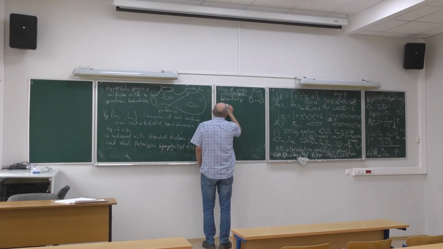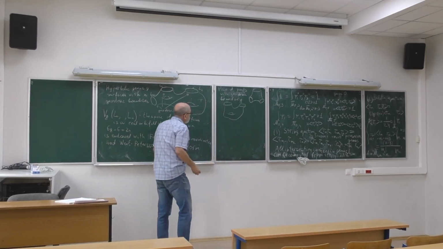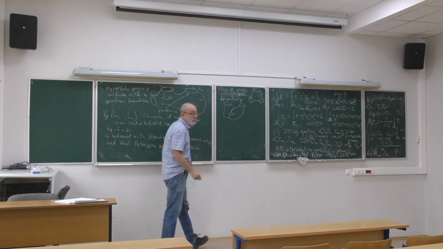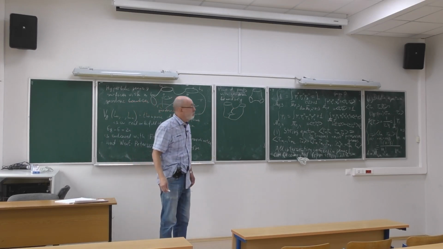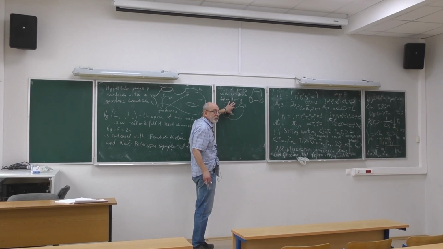Let me draw something simpler. If we pick some homotopy class of a simple closed curve, then there is a unique geodesic.